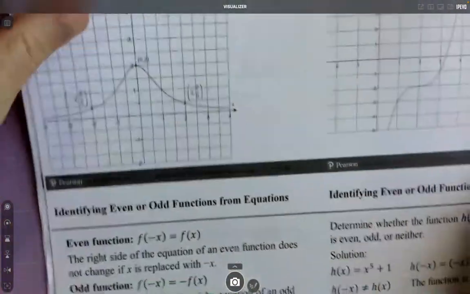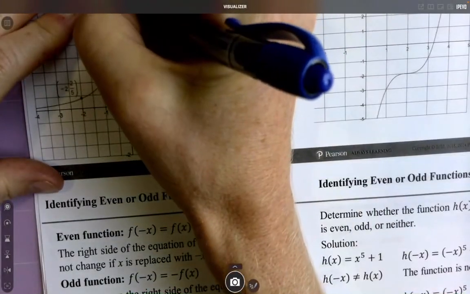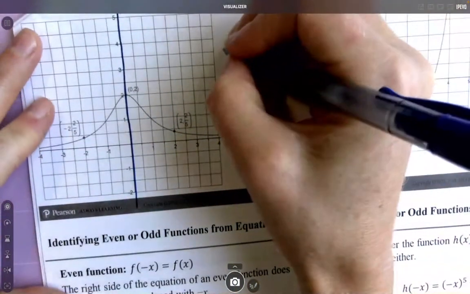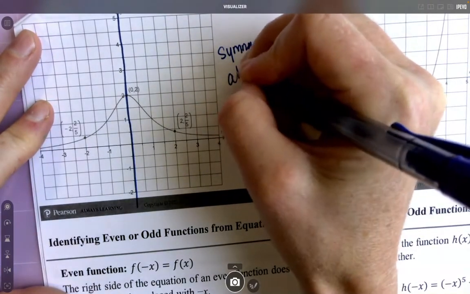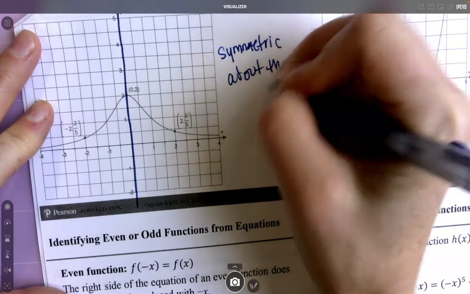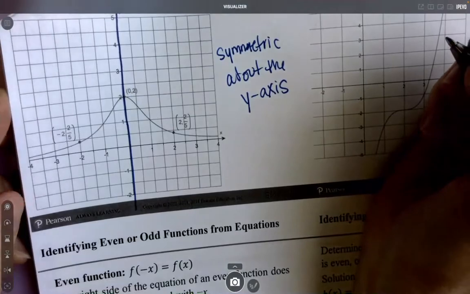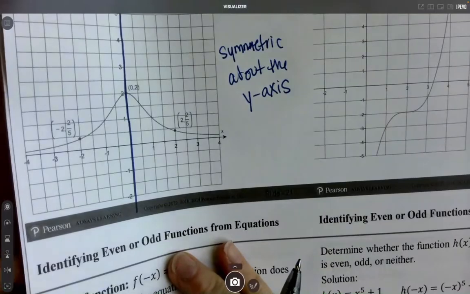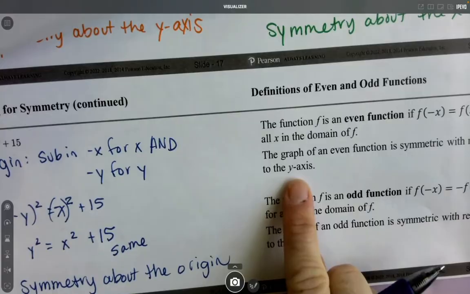So let's look at this. Just looking at the graph, we look and see, is it symmetrical about the x or the y-axis? Look at this. They are the same on both sides. So it's symmetric about the y-axis, because it's the same on both sides. There's a reflection. Okay, so that means that if it's about the y-axis, then it's even.